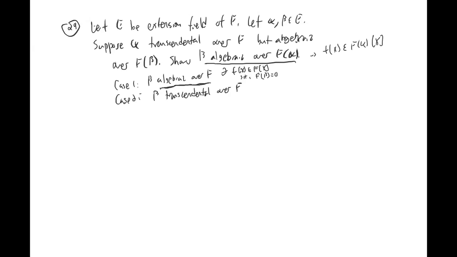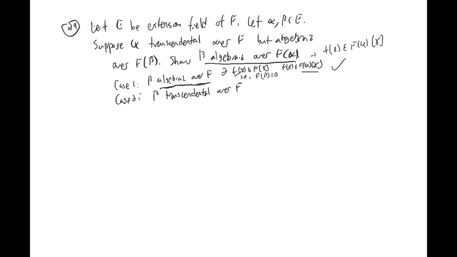If f(x) belongs to F[x], it certainly belongs to F(alpha)[x], because elements in F certainly belong to F(alpha). So this part's easy, because I could just think of this f as an element in here. Does everyone see this?